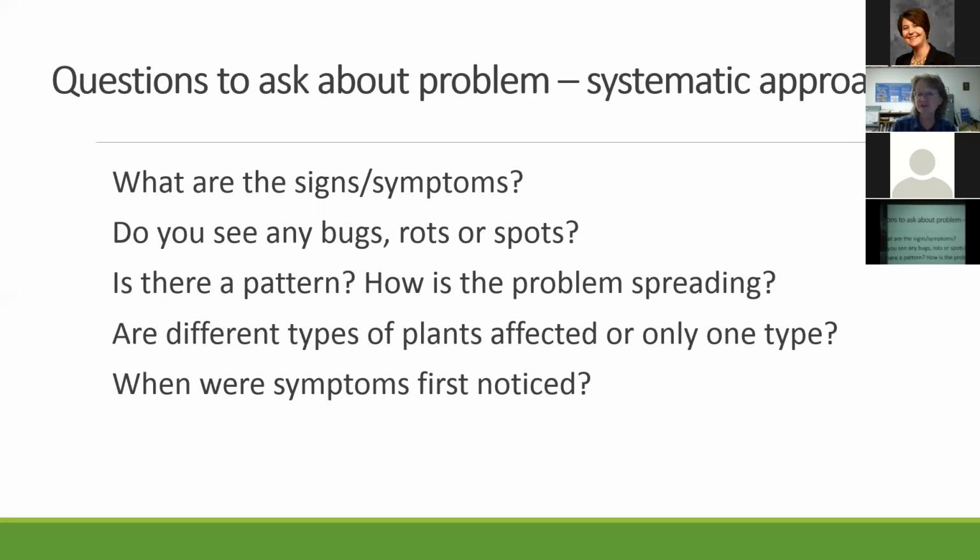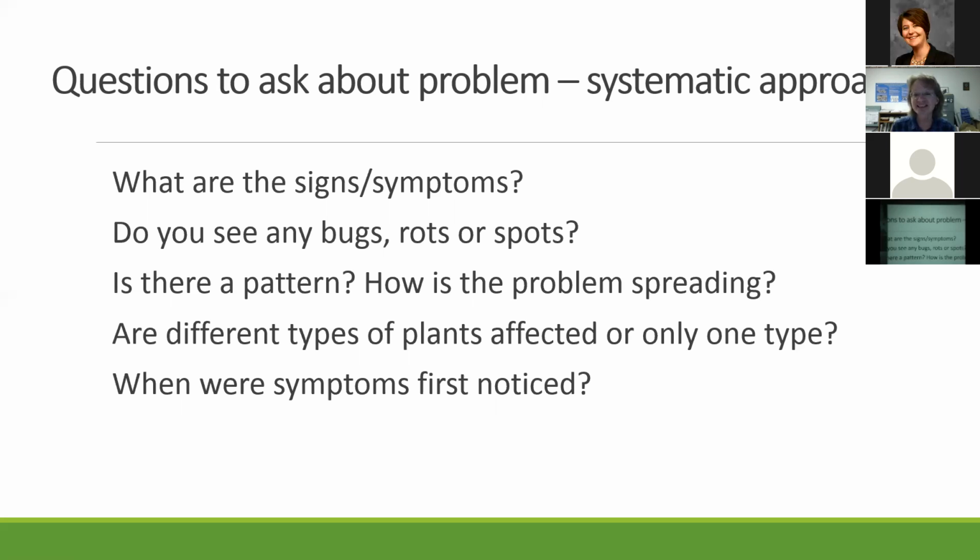If there are many different types of plants affected in a landscape, most likely it's not biotic. It's not a disease or insect. It's more likely to be abiotic, environmental, possibly mechanical, because most of our diseases and insects are host specific. What will infect one type of plant will not infect another type of plant. This is a concern that we usually hear from clients.